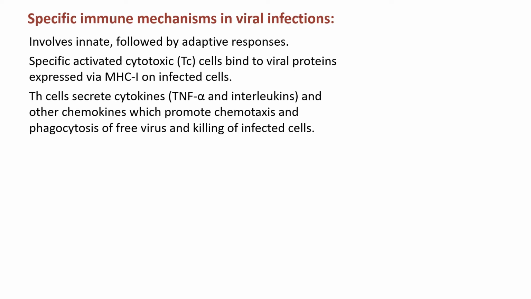Also, T helper cells, of course, go around secreting lots of cytokines, TNF-alpha, interleukins, other chemokines. Chemokines, of course, promote chemotaxis. And ultimately from chemotaxis, you have phagocytosis of potentially free virus or the killing of infected cells.